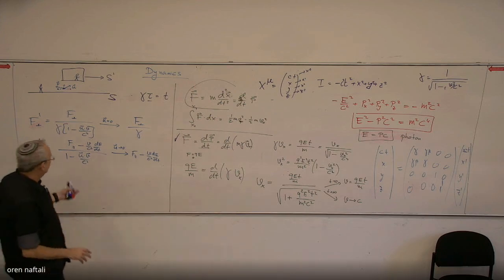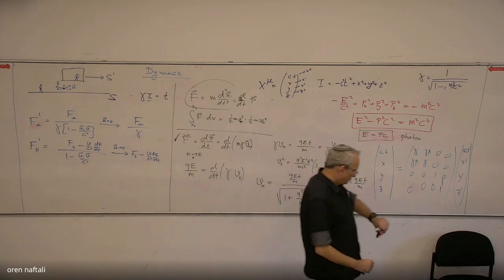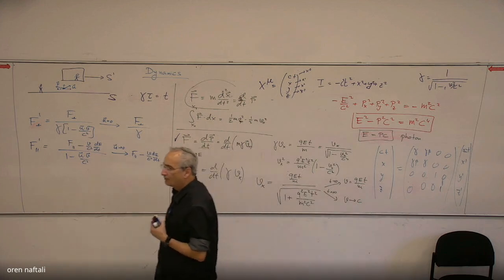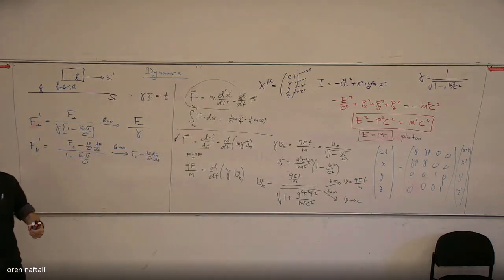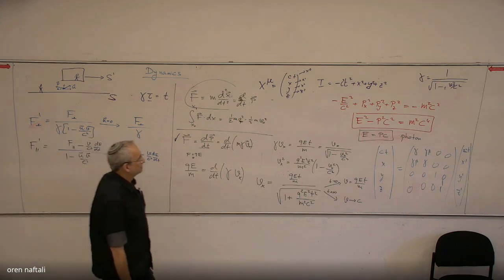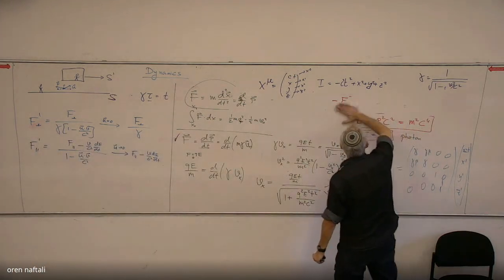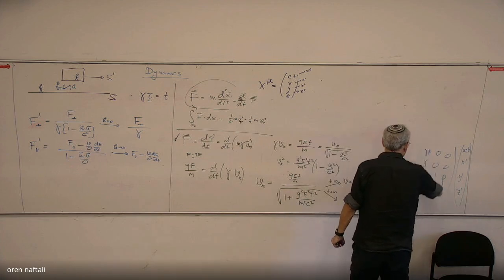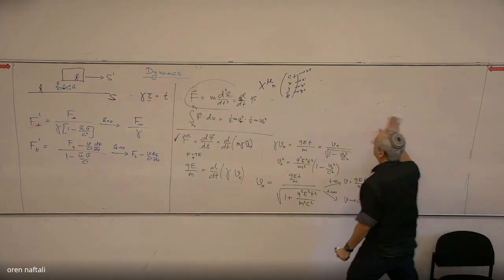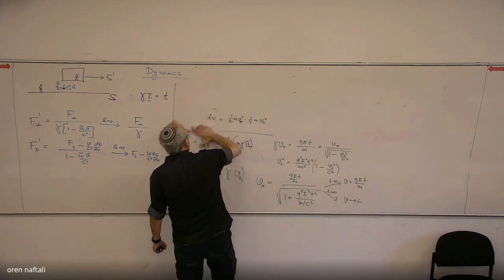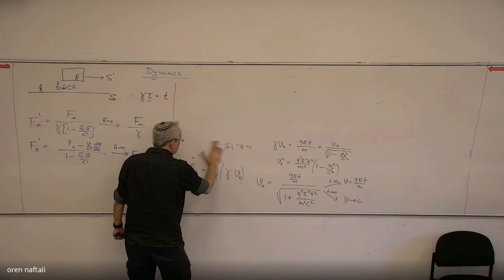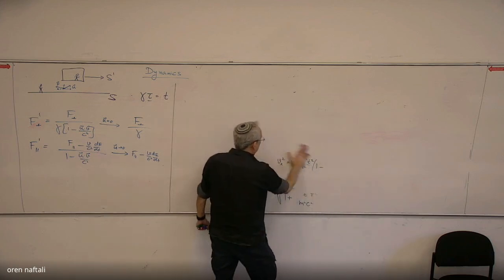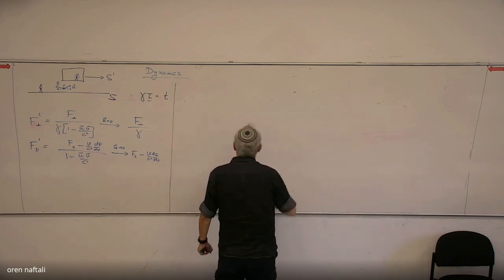The reason why I invoke that is to end this lecture with an example explaining how electromagnetism is indeed covariant under the Lorentz transformation. To understand that, let's think about an infinitely long charged wire.